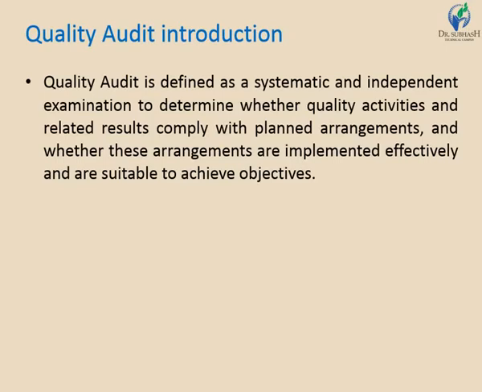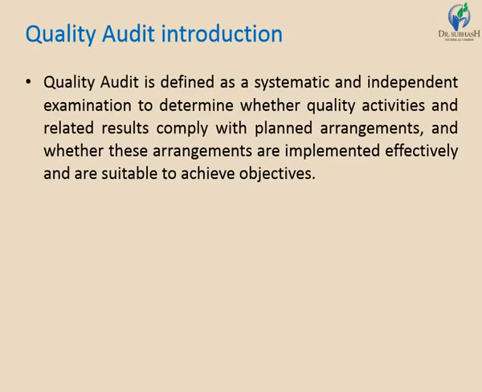So quality audit is defined as a systematic and independent examination to determine whether quality activities and related results comply with planned arrangements, and whether these arrangements are implemented effectively and are suitable to achieve the objectives or not.